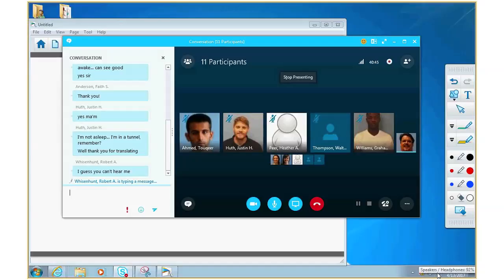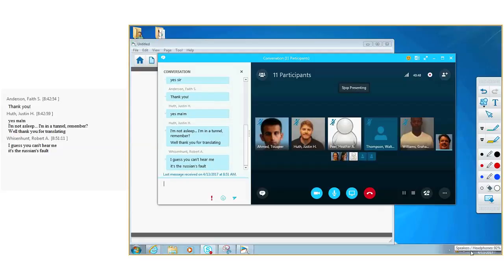Speakers are at 92%. It says your microphone is muted, Mr. Whizenhunt. All of your microphones should be muted so I don't hear no freaking dog barking in the background. Why are you logged on when you're here? Because then I can take screenshots rather than take pictures. Oh. Okay.